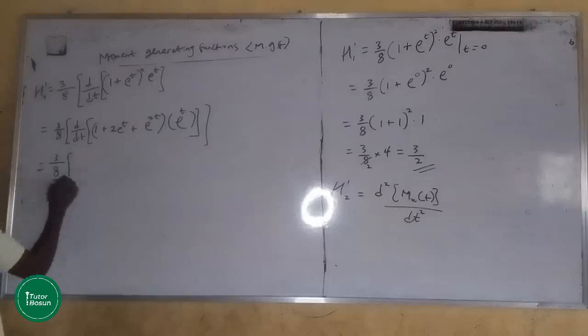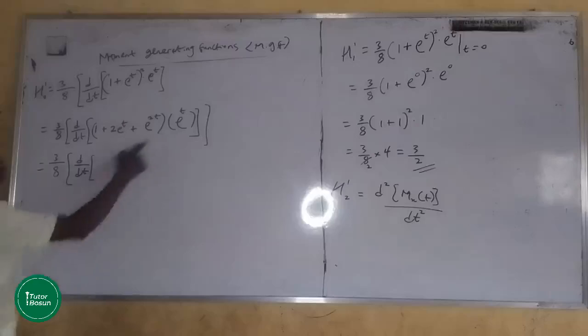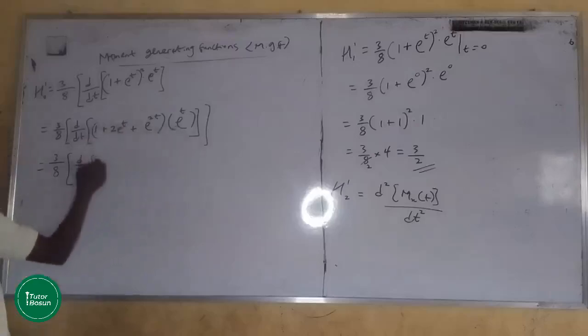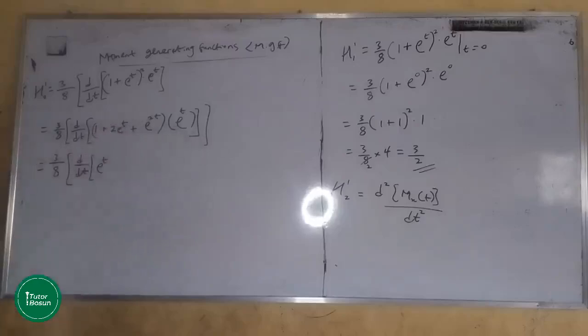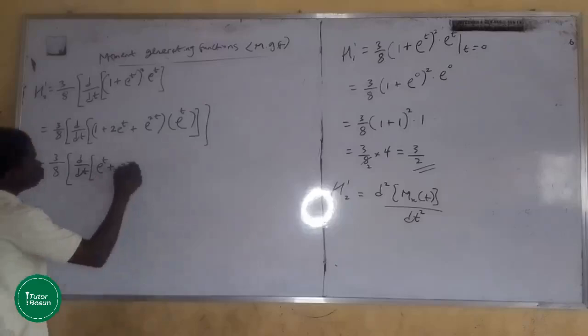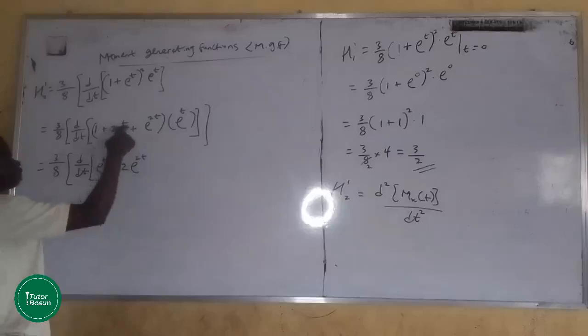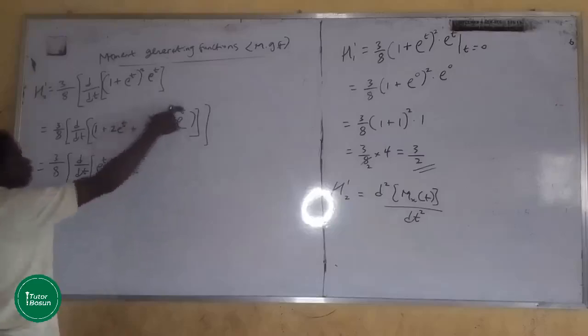We have 3 over 8 here, derivative of this. So this gives us exponential t times 1, we have exponential t. Exponential t times 2 exponential t will give us 2 exponential 2t, because 2 is a constant and we have exponential t times exponential t, so we add the t's.